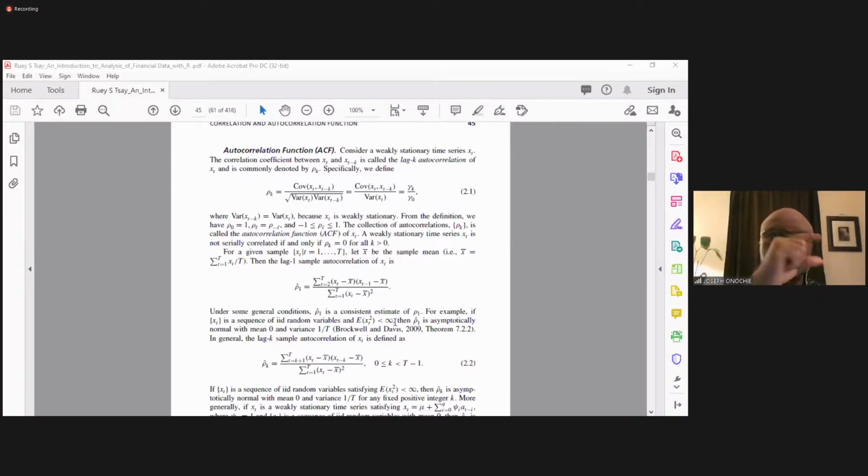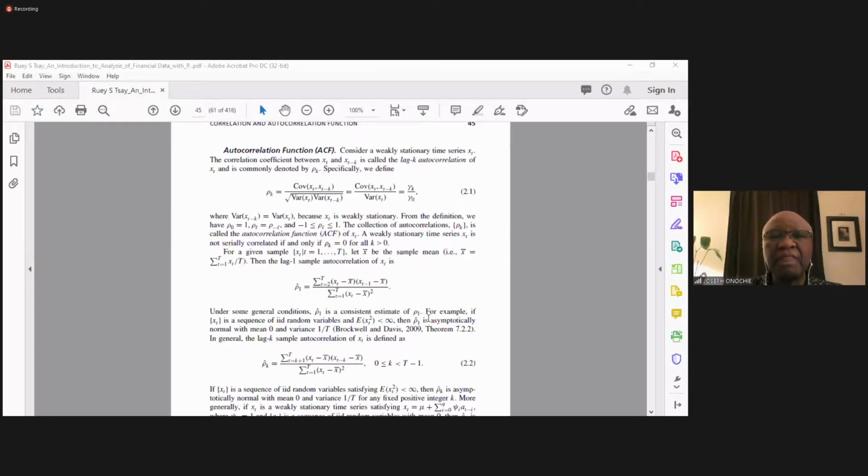One lag, doesn't matter where you begin. Two lags, doesn't matter where you begin. The lag one autocovariance must be the same, and the lag two autocovariance must be the same no matter where you begin, and so on and so forth. And then we explained what autocovariance and autocorrelation were, okay?